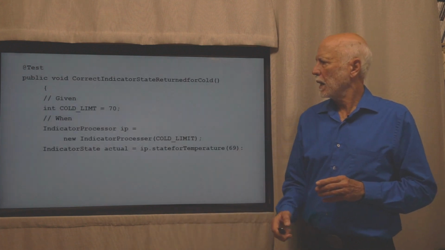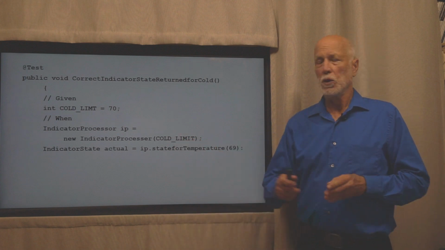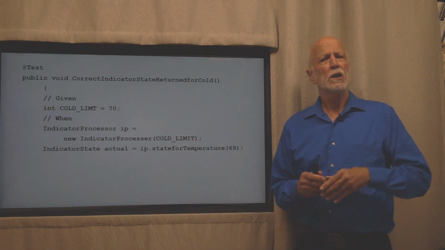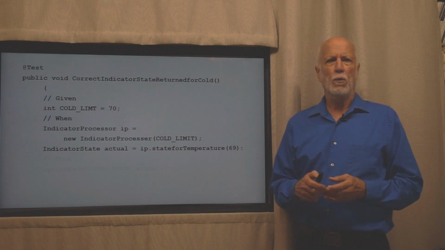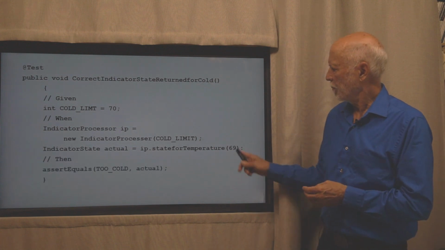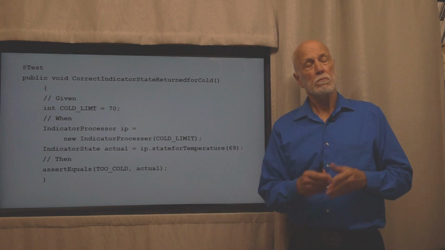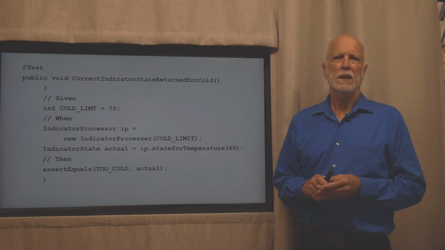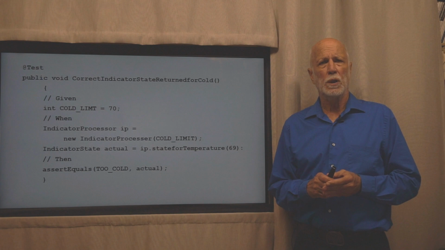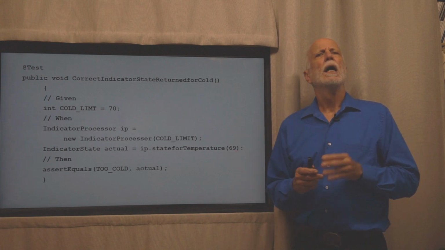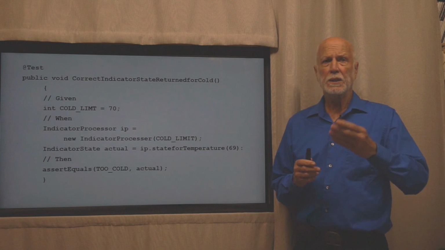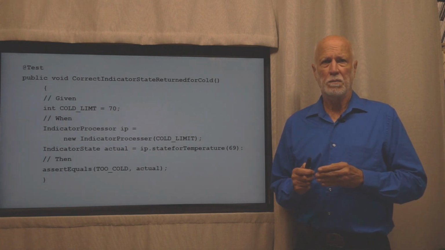Given our cold limit, we're going to pass the cold limit to the indicator processor, so it no longer has a dependency on the configuration. And then the rest of the test will look the same. We'll pass it 69, and we'll check to see that it actually returned too cold. So our test can help show us coupling, which is a design issue.